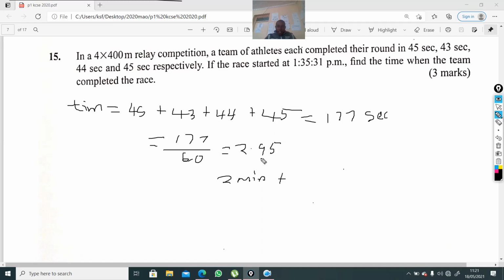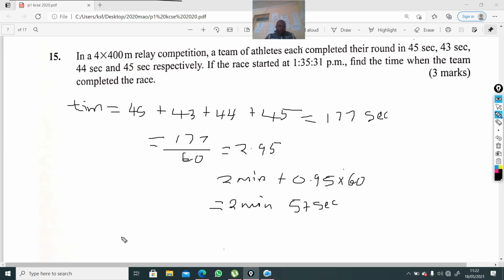You multiply 0.95 by 60 to change to the seconds. So this gives you 2 minutes and 57 seconds. This gives you 57 seconds.